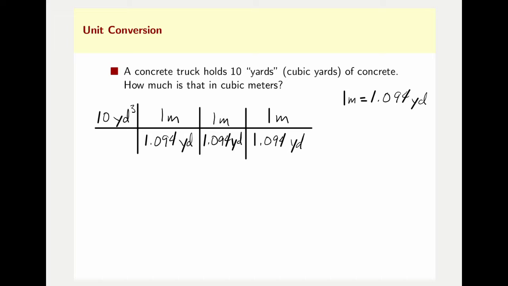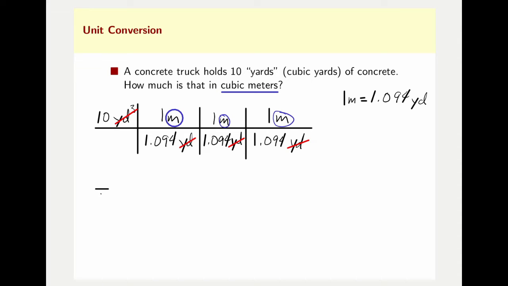Now let's check the cancels. 3 yards cancels 3 yards. So I have left a meter and another meter and another meter. So that's meter cubed, which is good because that's what I want.